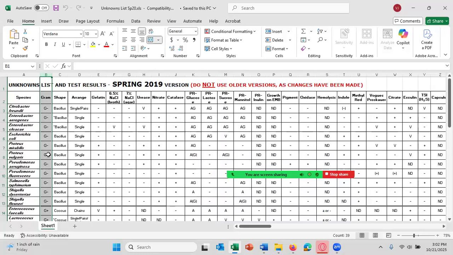The result would be the cell is either purple or pink, and then the interpretation is it's gram negative or gram positive. And then put in the observation on the gelatin hydrolysis test and the interpretation, and then put in the observation on the PR lactose test and the interpretation, meaning what its conclusion is.